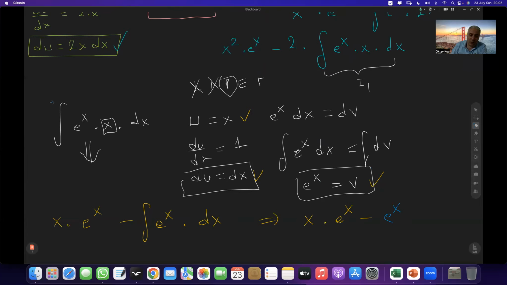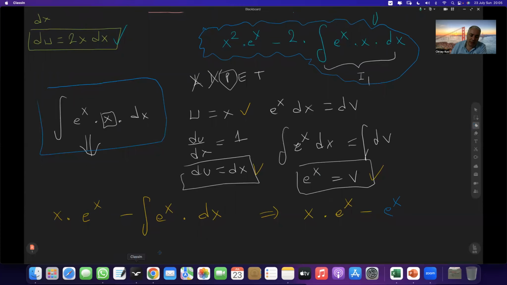So right now we have solved this part, which we call I1. If I substitute my result, remember, this was our solution, the answer of my question will be x squared times e to the power of x minus 2 times the result of this integral. And the result of this integral we just calculated: x times e to the power of x minus e to the power of x.